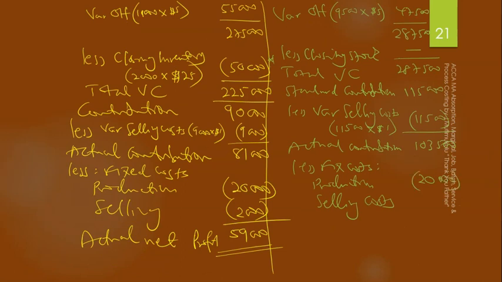And then the selling costs are still 2,000. So we should arrive at 103,500 minus 20,000 minus 2,000. We should get 81,500 as our actual net profit.